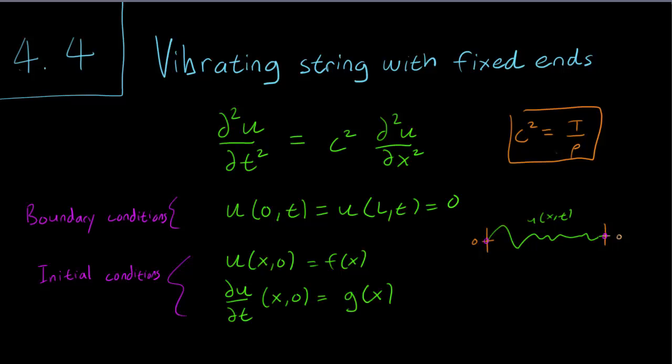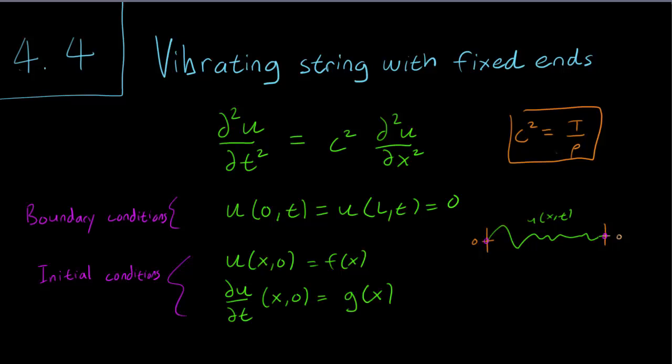We also have two initial conditions. We know that the initial position of the string is given by a function f(x), but we also know the derivative of the string. So remember that you can think of u here as the height of the string at position x.